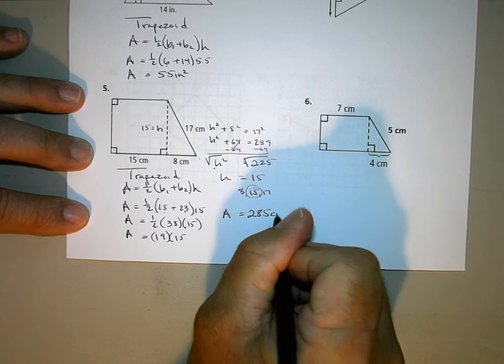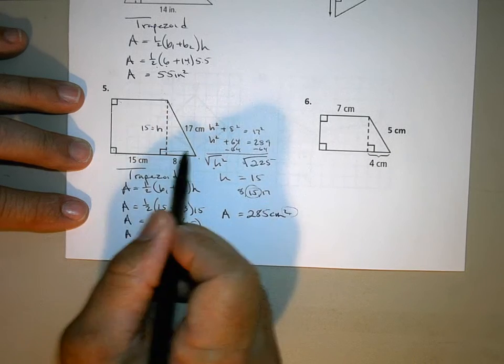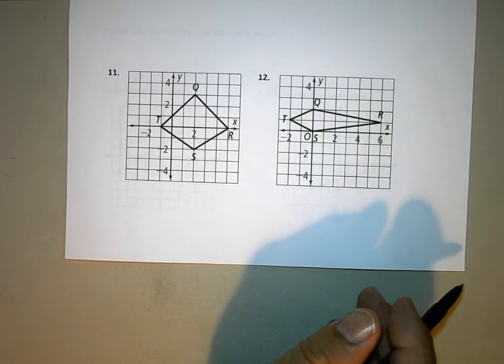And this is centimeters squared. Two-dimensional figures, the unit squared. Okay, moving on.